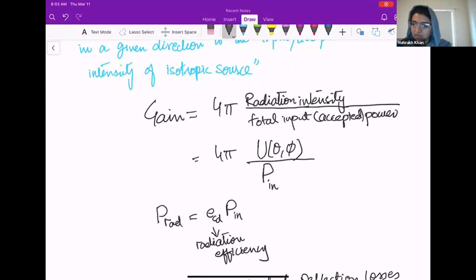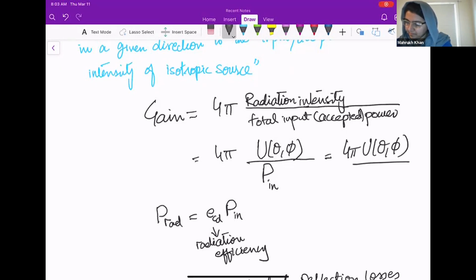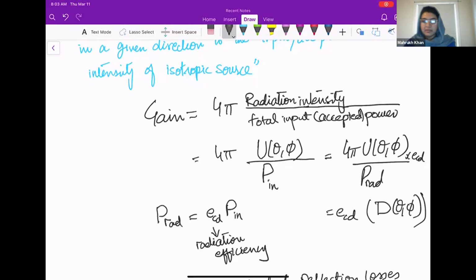So when you multiply this thing here, it will become P rad into ECD, because if I replace this thing here, it will make it ECD times directivity, because this is the formula of directivity.